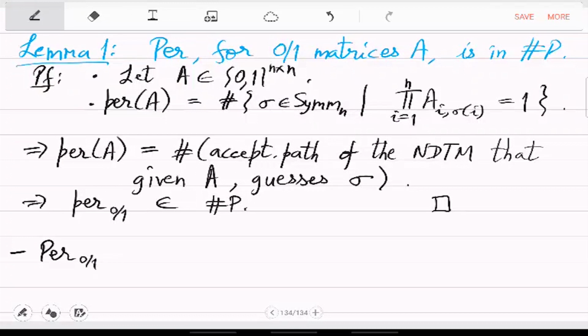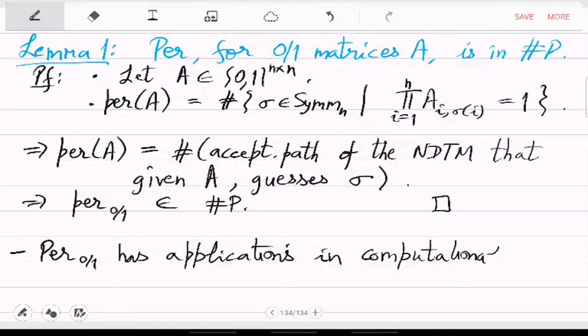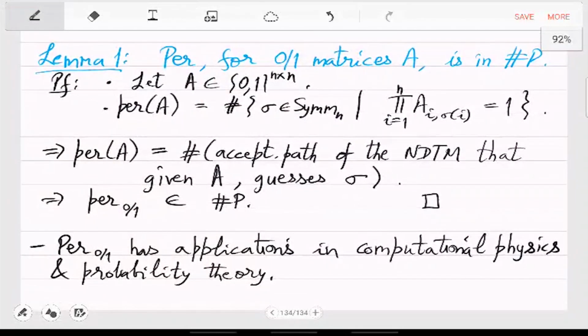So permanent 0 1 has applications in computational physics and probability, and there are also approximation algorithms known.